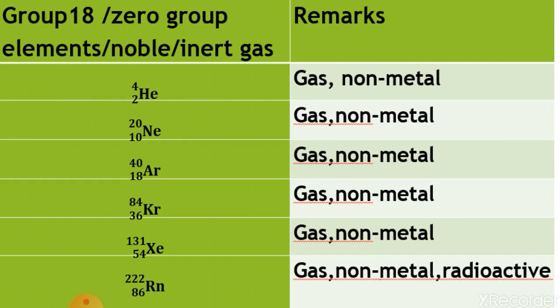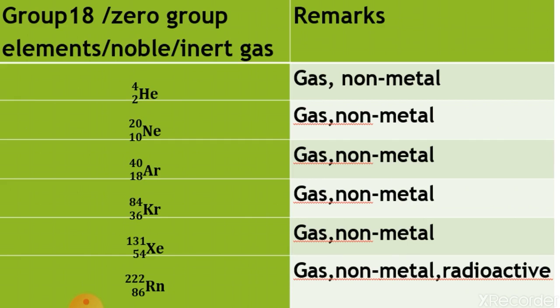Now look at the elements: helium, neon, argon, krypton, xenon and radon. One last element is known as UUO, that is unactinium. So now again you can apply the magic number to find the atomic number of the rest of the members after helium. Helium has atomic number 2, then you add 8 for neon, then add 8 for argon, then add 18 for krypton, then add again 18 for xenon, then add 32 for radon, and then again add 32 for UUO, that is unactinium.